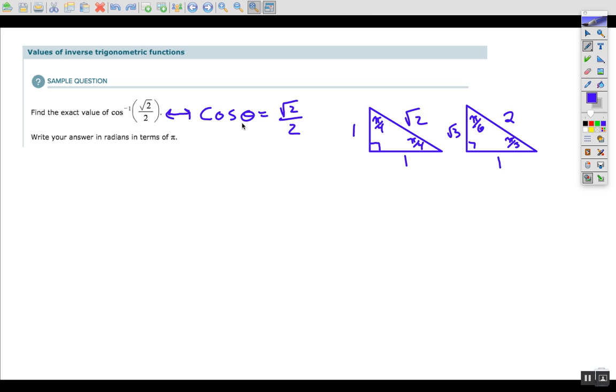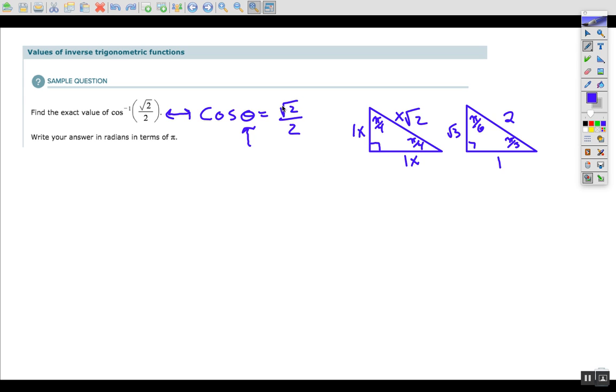So here, we have cosine of theta is equal to square root of 2 over 2. So we want to find out what angle that might possibly be. And these special right triangles can be used as formula triangles. So I'm just going to throw an x in here, 1 times x.